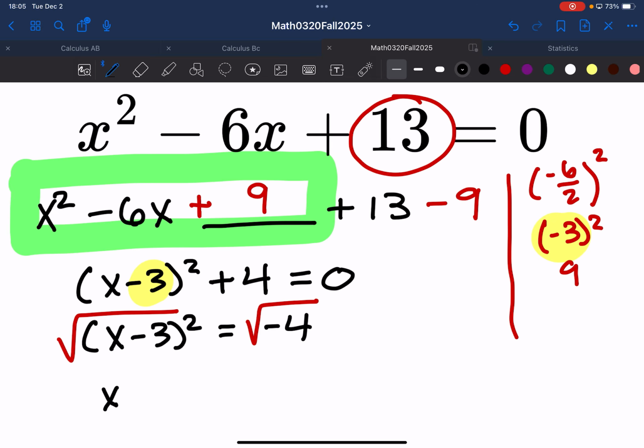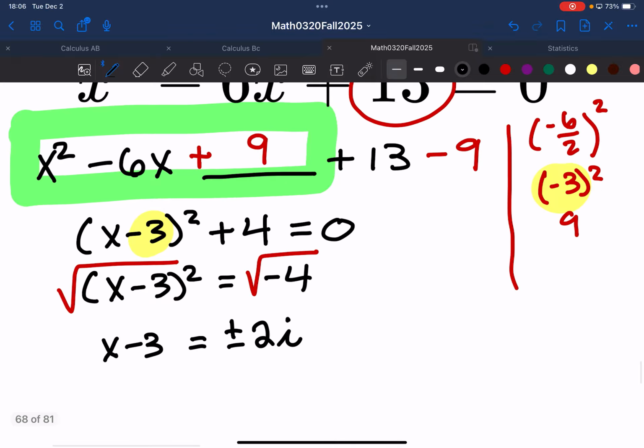So I have x minus 3 is equal to the square root of -4, which is i times the square root of 4, and we know the square root of 4 is 2. I also have to include what in the very beginning? Plus or minus. So this is plus or minus 2i. Then I have to do what to get x by itself?